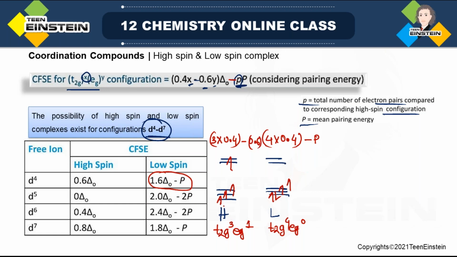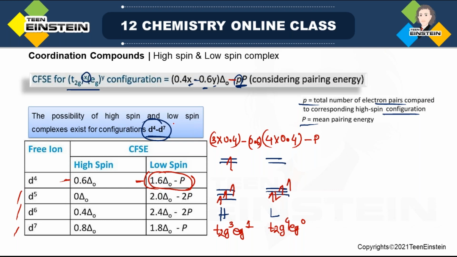That means 1.2 minus 0.6, it is 0.6. But if you are following the opposite sign convention, that is also fine. In that case, there will be a negative sign before this and also a negative sign before it. Okay. So this is for d4. You can also do the same for these other three. So practice it for d5, d6, d7.